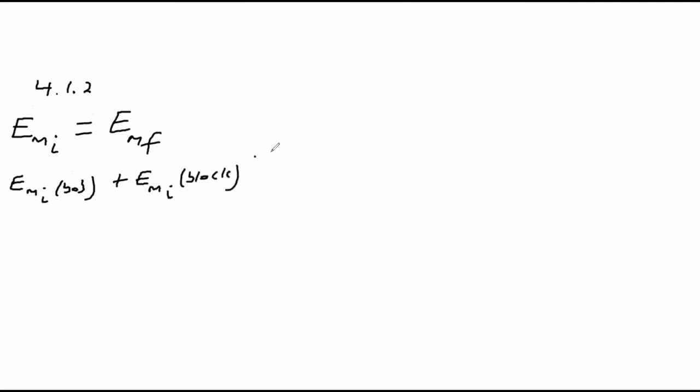Okay, so we can also use this formula. The mechanical energy of the system remains the same, which means the initial mechanical energy of the system is equal to the final mechanical energy of the system. So we have the initial mechanical energy of the bob plus the initial mechanical energy of the block, which is equal to the final mechanical energy of the bob plus the final mechanical energy of the block.